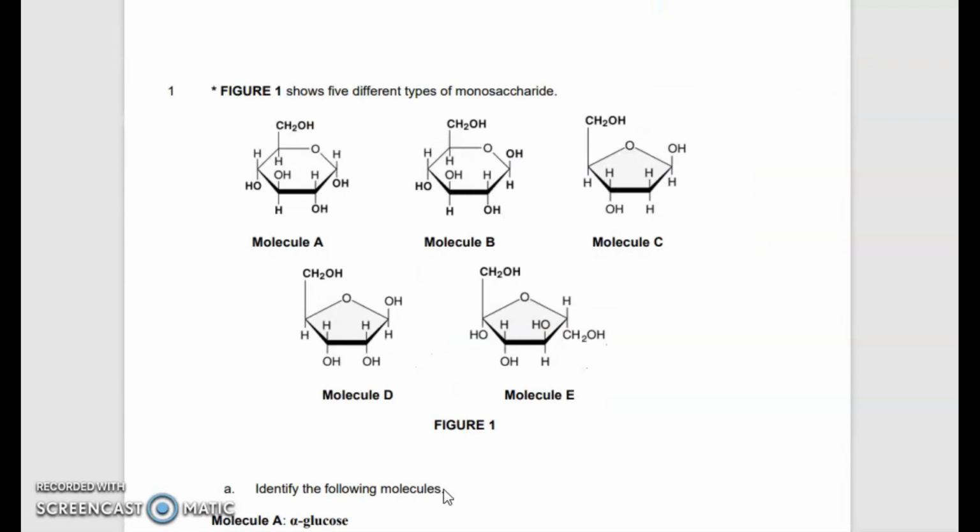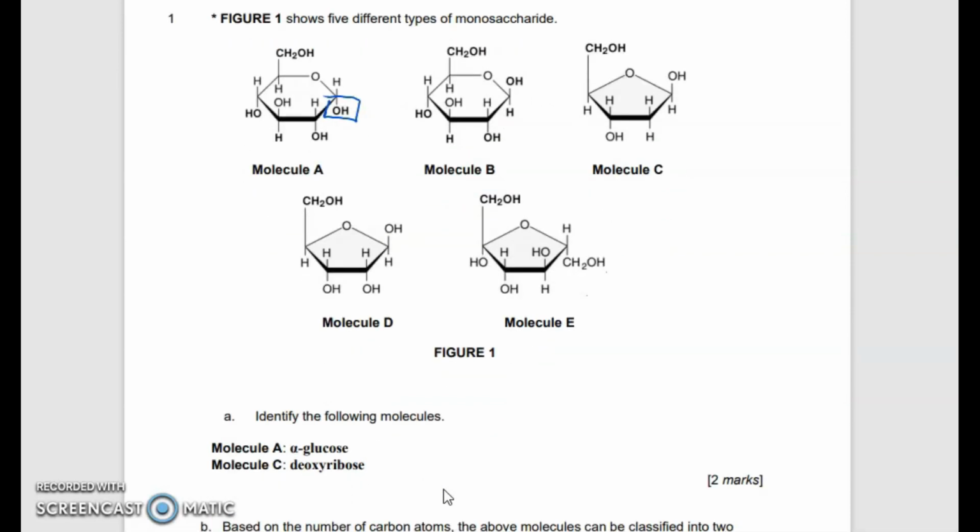So for question 2, Figure 1 shows five different types of monosaccharide. Identify the following molecules. Okay, here 1, 2, 3, 4, 5, 6, six carbons, and this is the very important structure that I asked you to remember. So obviously this is alpha glucose.